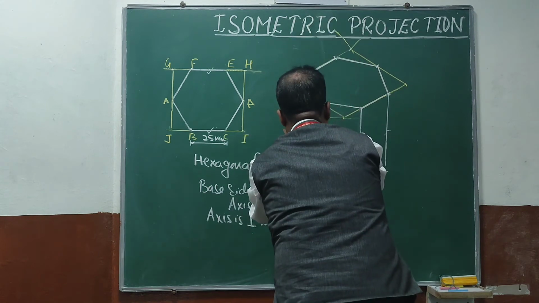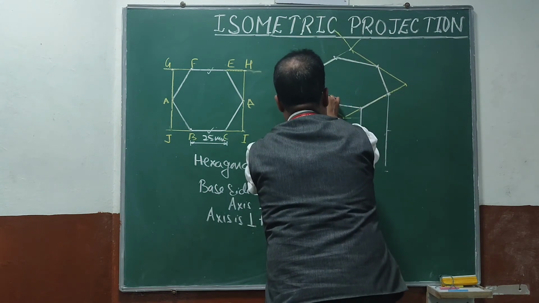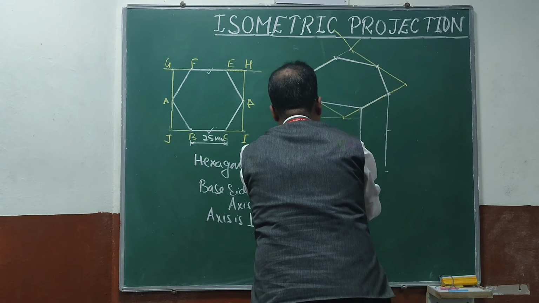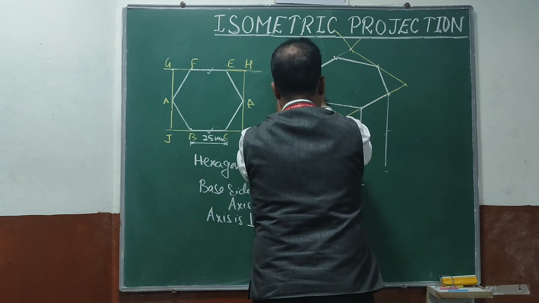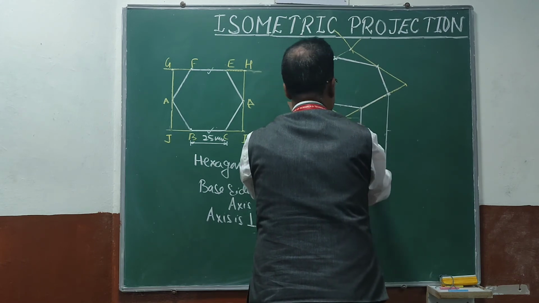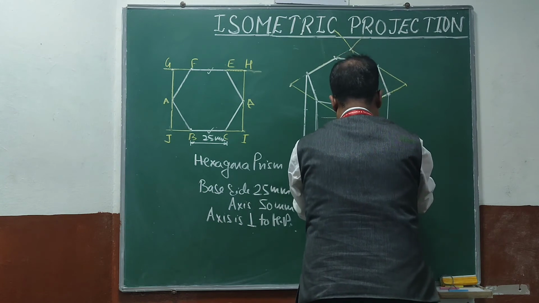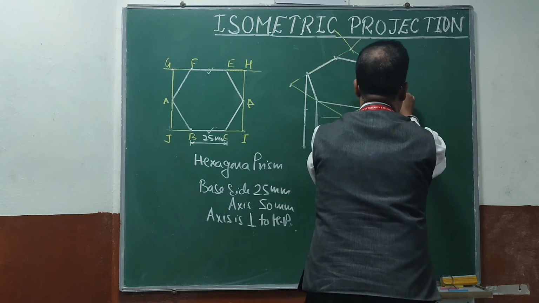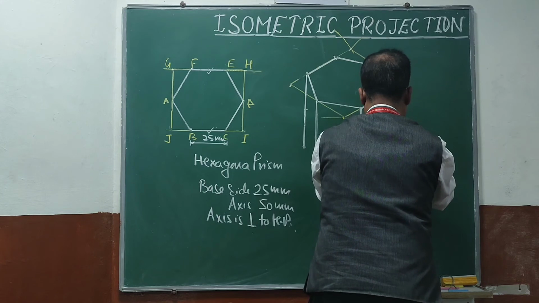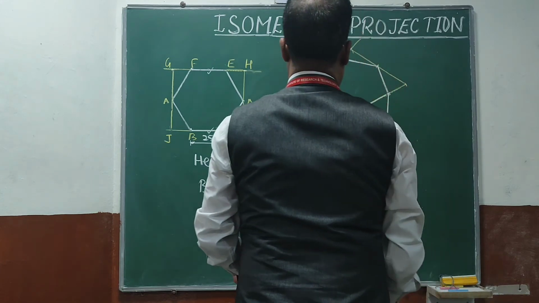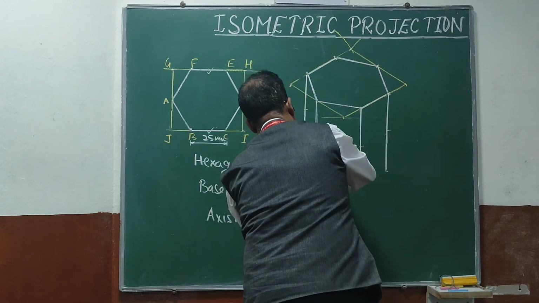If that depth is 50 mm, I will go down from all those points 50 mm downside, and join all these points.